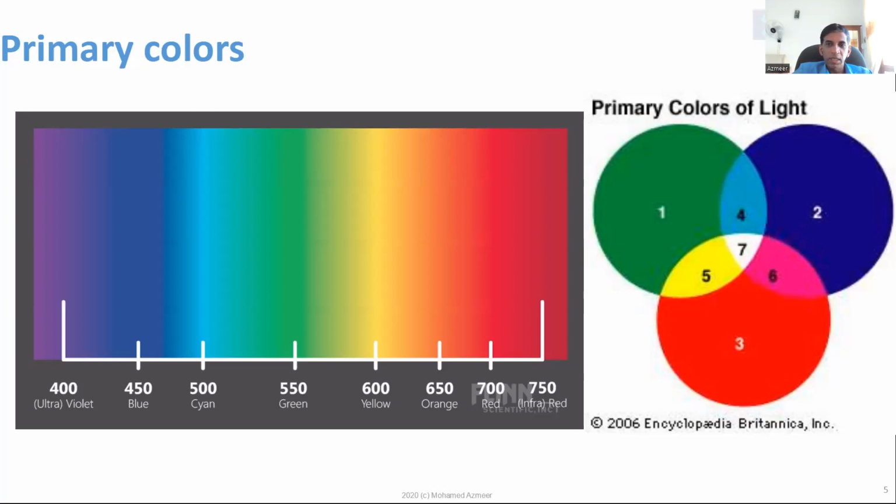For example, I can get a light green or dark green by adjusting the voltage to the green light. I can adjust the light blue and dark blue by adjusting the voltage of the blue light. Same for the red. Now, if I turn on all 3 and give the same energy, I get white color. If I turn off all 3, I get black color. That's how you generate colors using primary colors.